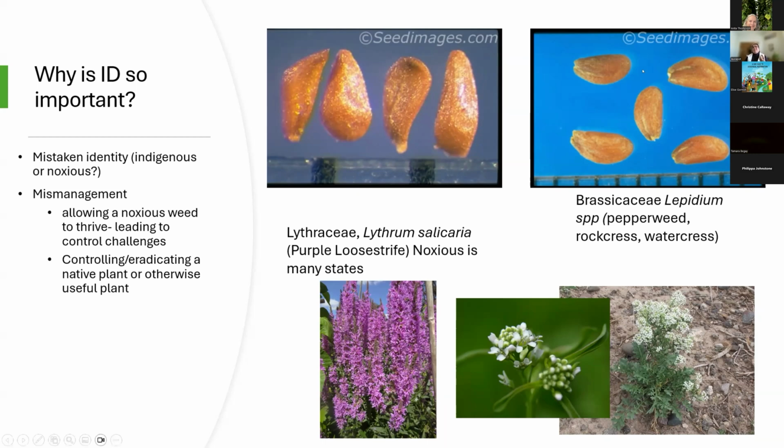But for those of us that may not be as well versed in the experience of identifying seeds based on their anatomical characteristics, these may look very much the same, even though the habitat that they grow in is different. And the look of the mature plant and the flowering plant is very, very different.